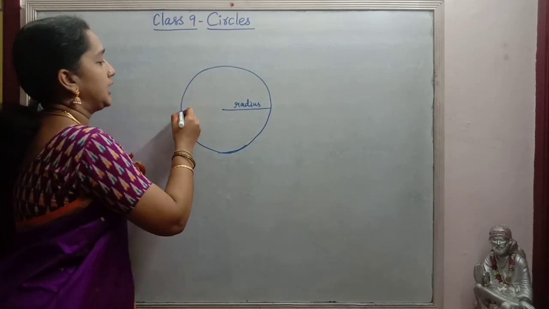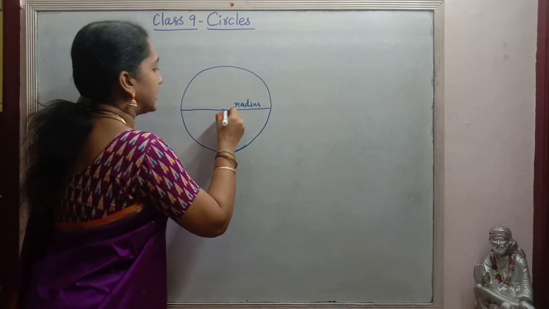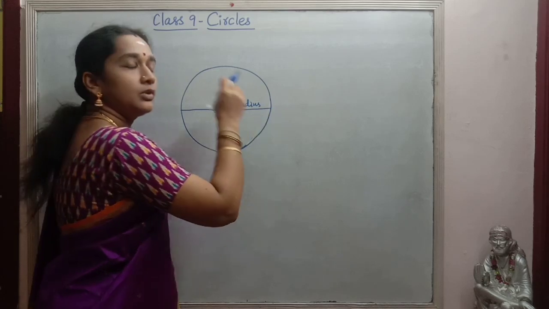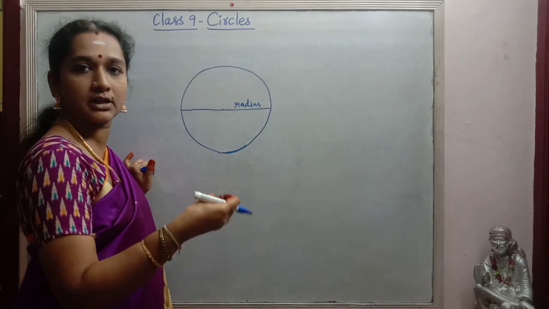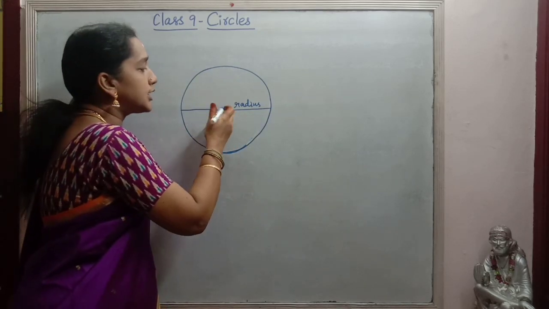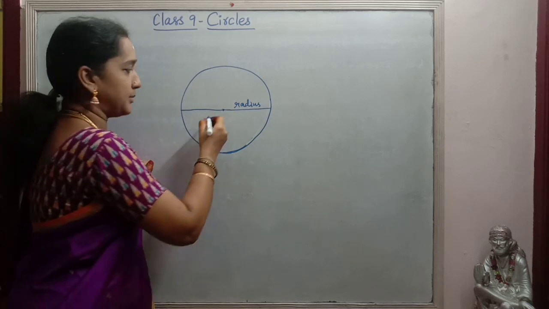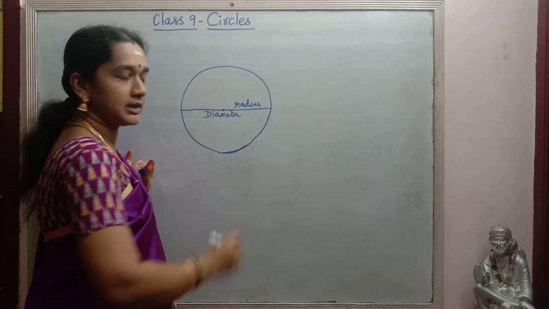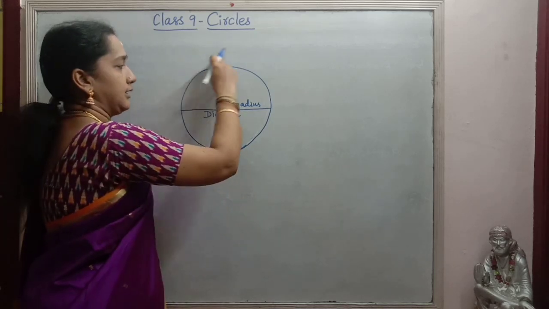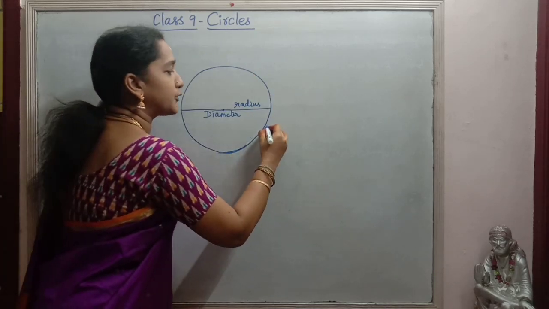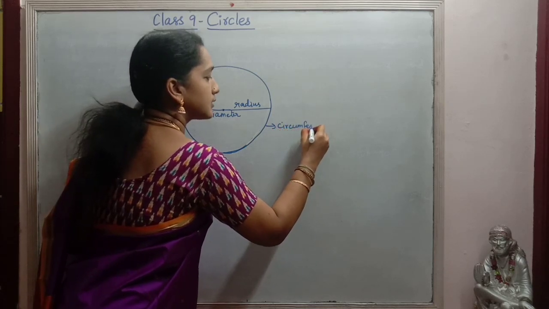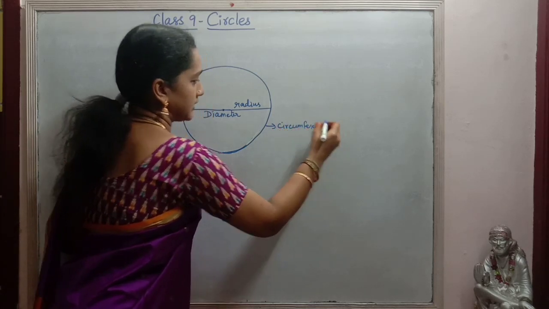And the line segment that connects any two points on the circumference of the circle through the center point is called the diameter. And this line is called the circumference of the circle.